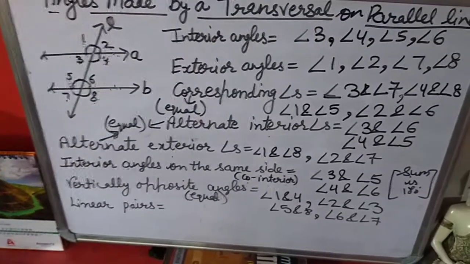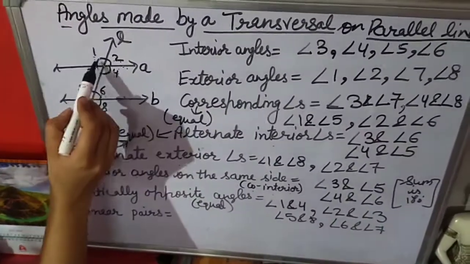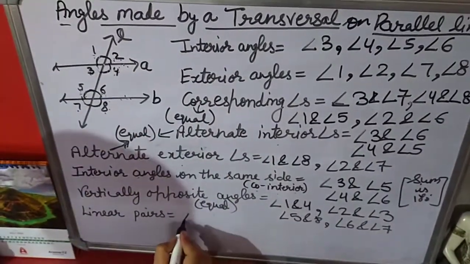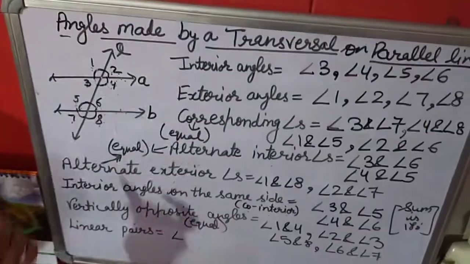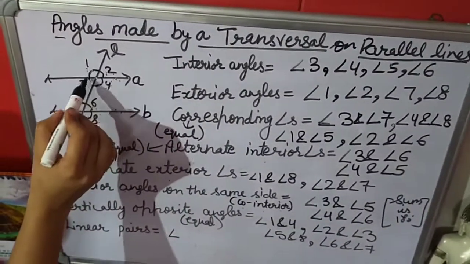Linear pairs we also did earlier. Linear pair means the sum should be 180, angles on a straight line.